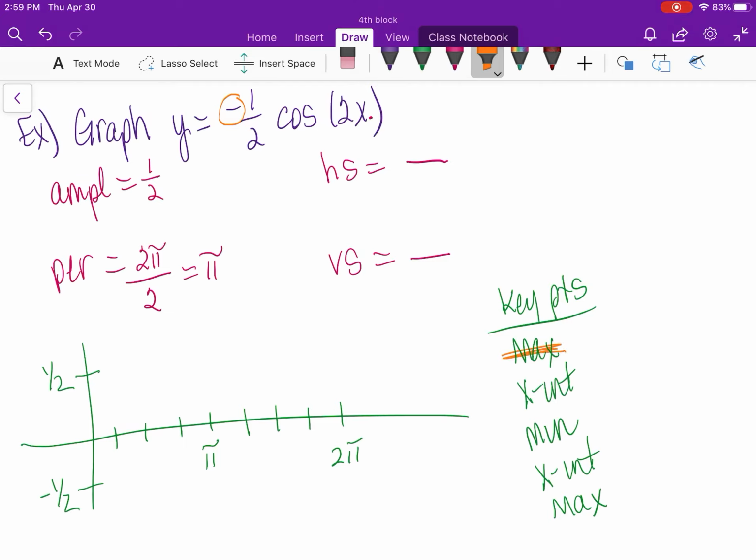Yeah, it flips it. So that just means my maximum is now going to be a minimum. Does it change your x-intercept? No, but what about your minimum? It's now going to be a maximum and then x-intercept and then min. Okay, so that's what's going to happen when I flip. So that flips or reflects across the x-axis.